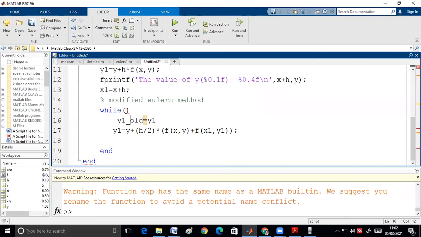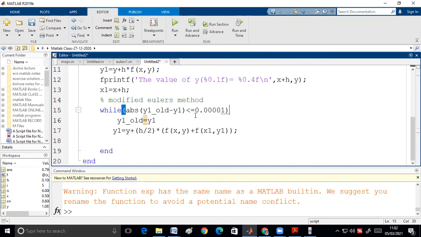I will write the condition: abs of y1 old minus y1 is less than or equal to 0.0001.